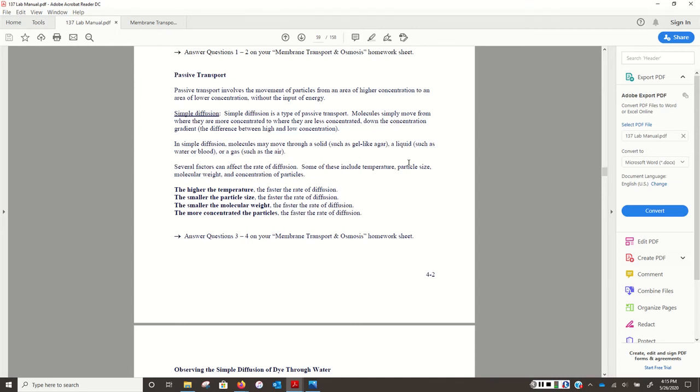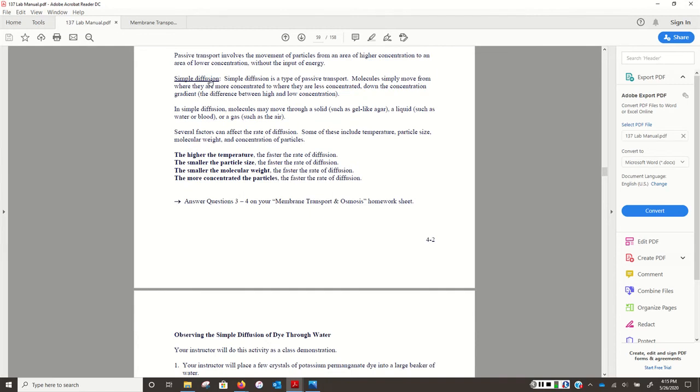The first type, the most basic type, is called simple diffusion. Simple diffusion does not require energy. It is passive transport, and it is simply the tendency for things to move from an area of high concentration to an area of low concentration. Things do that. Now, this isn't really simple diffusion, but there's one way to visualize this.